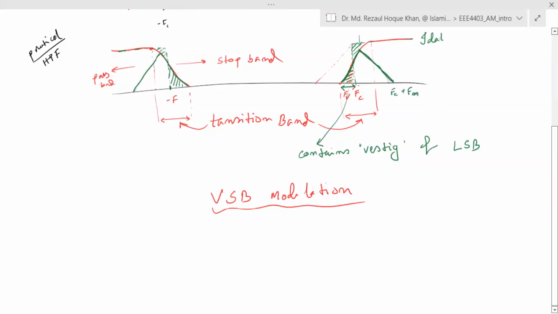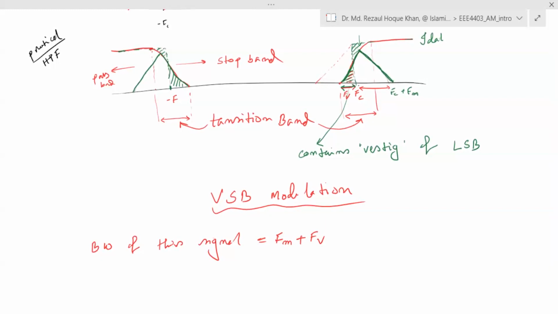So what is the bandwidth of this signal? Usually it is from FC to this part, which is FM, plus this FV part.